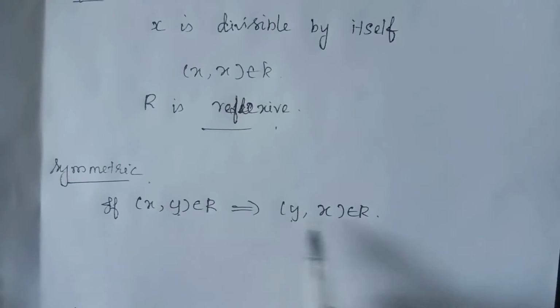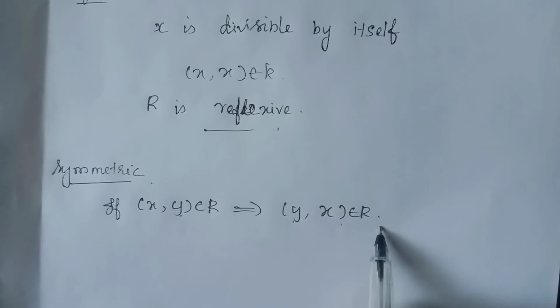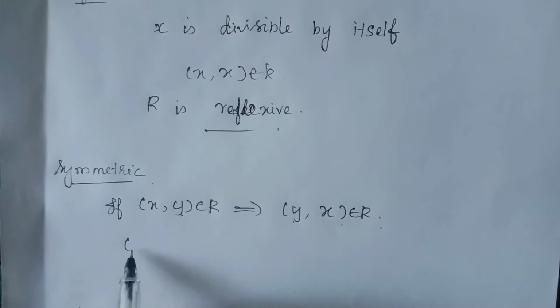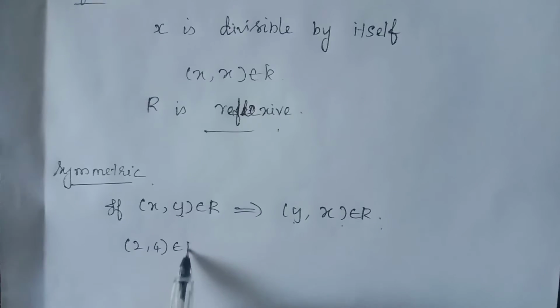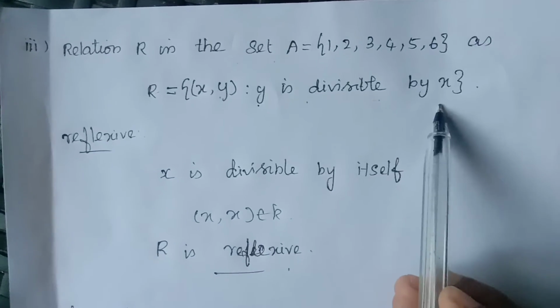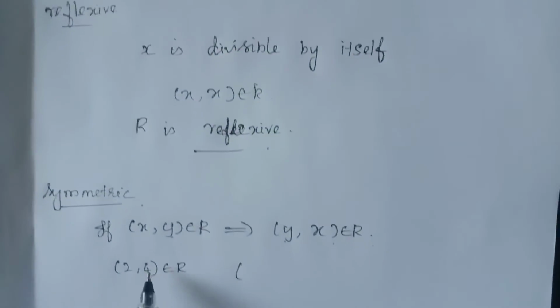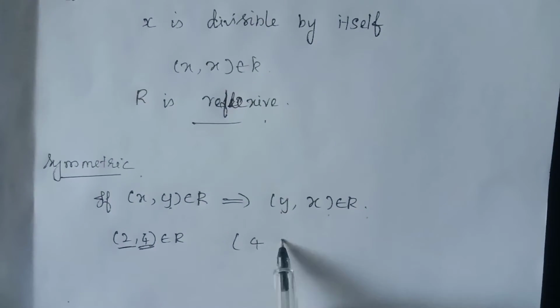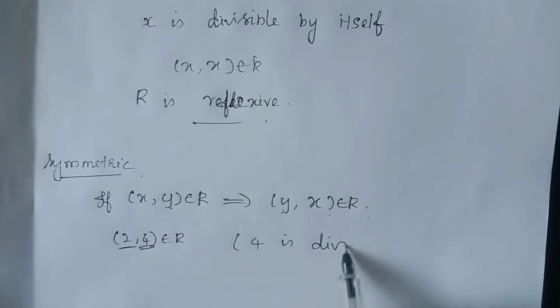We will take one example. Take (2, 4) belongs to R. If (x, y) belongs to R, y is divisible by x. Here (2, 4) belongs to R means 4 is divisible by 2.